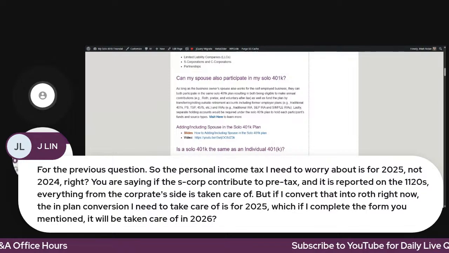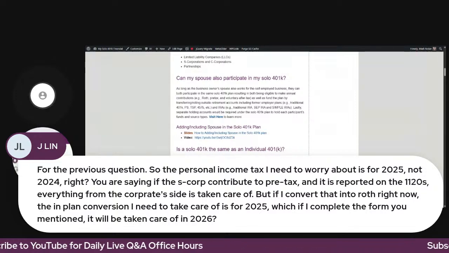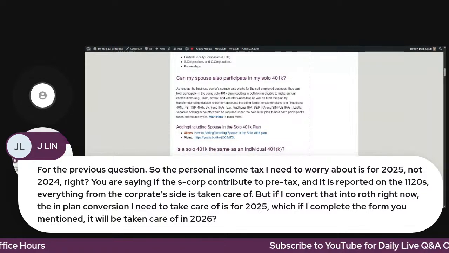And for an S corporation, you have until your business tax return due date plus timely filed extension to make the prior year employer pre-tax profit sharing contributions. So again, it would be based on your 2024 W-2 wages.